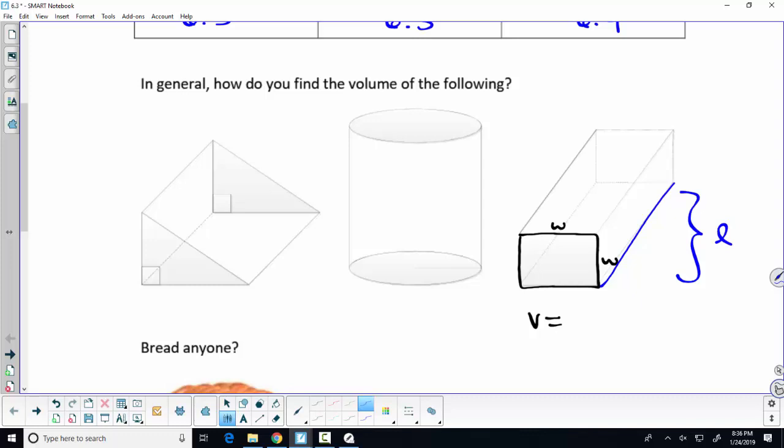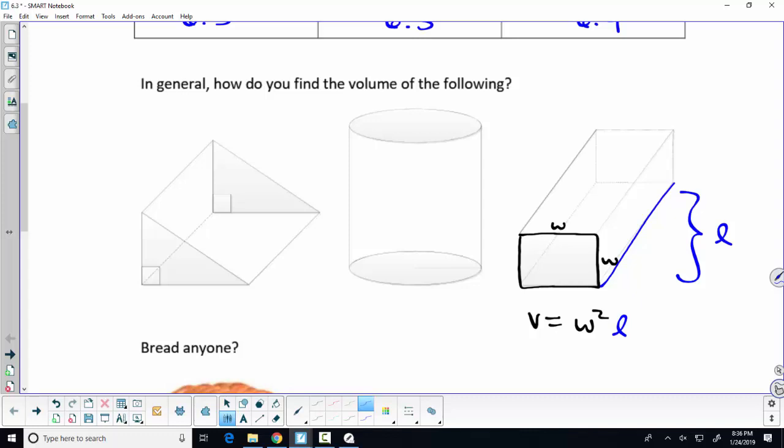I heard L, so we'll call that L. So that's the volume. But notice what's allowing us to do that, or a way to look at it anyways, is you've got this square sort of scooted along this length L. So we have this square, this square, this square, all of those squares that many times.